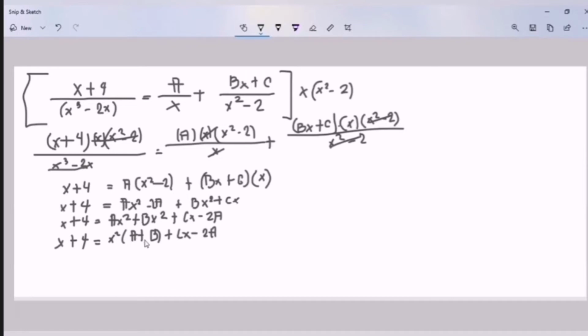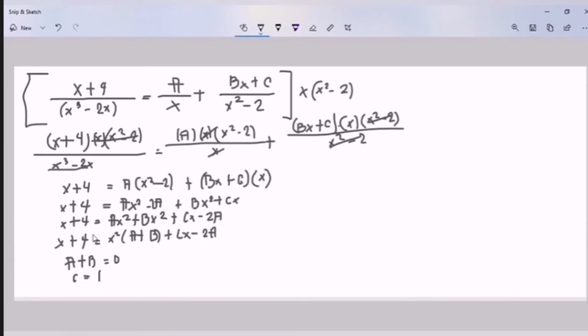That means the coefficient of the quadratic term on the right side would be equated to 0. And then the coefficient of the linear term on the right side would be equated to the coefficient of the linear term on the left side.